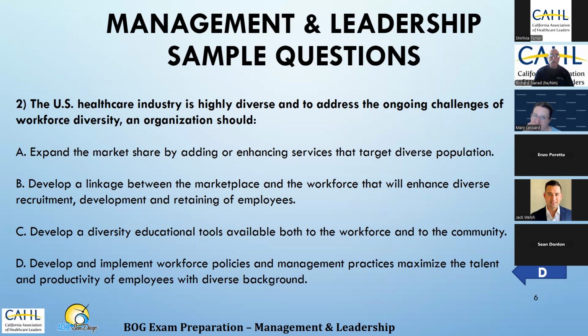And the reason I think that might have helped is that when you think about diversity of the entire industry, it might lead you to think that B is a better answer than it is. B was my second best answer on this one. D is clearly the right answer, but D forces you to look at the workforce itself, where B starts looking at both of those.